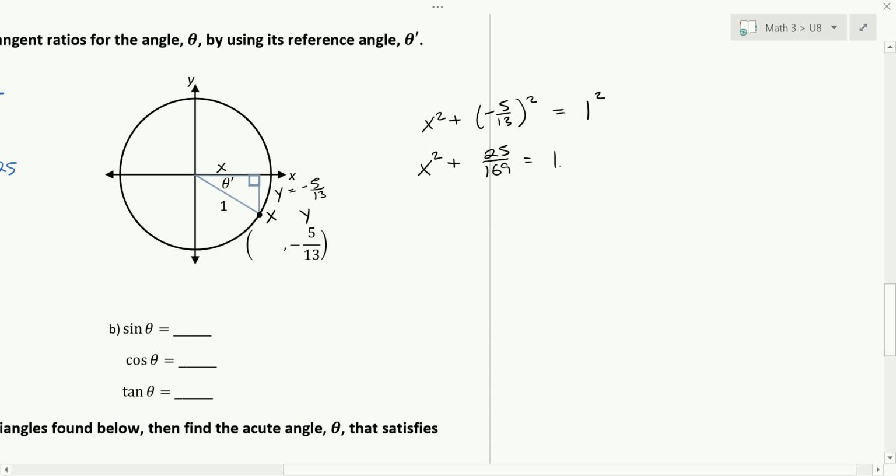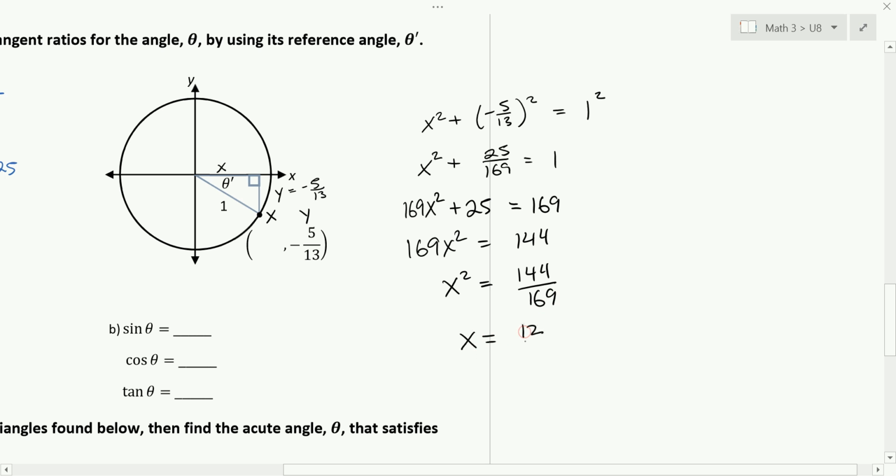To get rid of that fraction, multiply all three parts by 169. You get 169 x squared plus 25 is equal to 169. Subtract 25. You get 144. Divide by 169. Then when you find the square root of everything, you get 12 over 13.